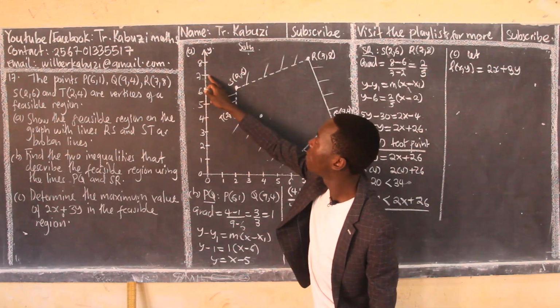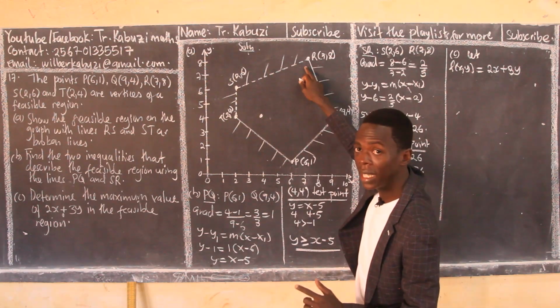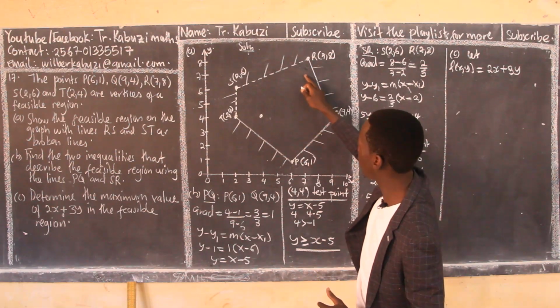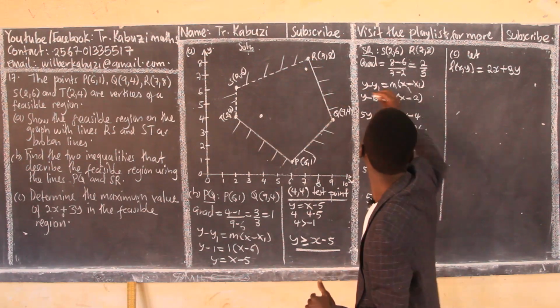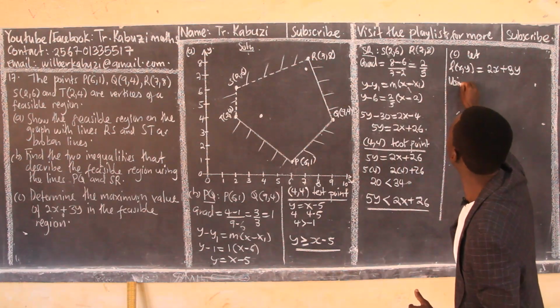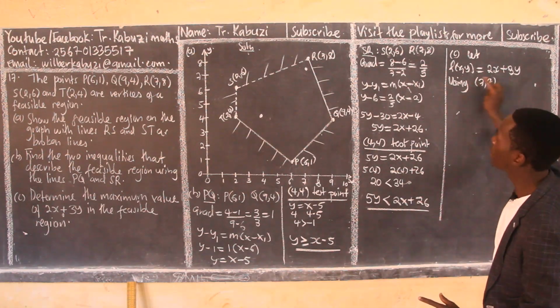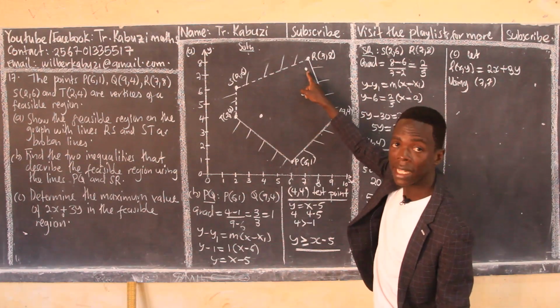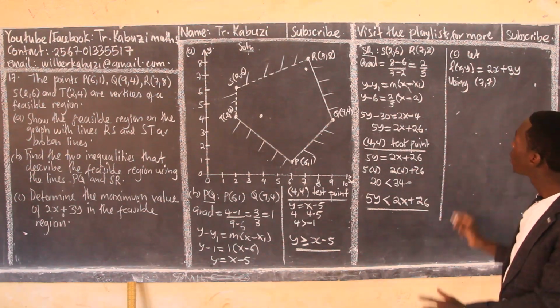So the highest value of y here is 7. Now I look for the corresponding value of x, which is 7. So this point here is (7, 7). I use (7, 7) because it's the highest value of y I can get, and y has the greatest coefficient.